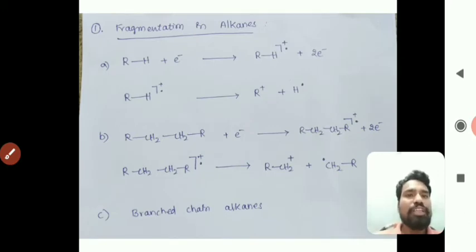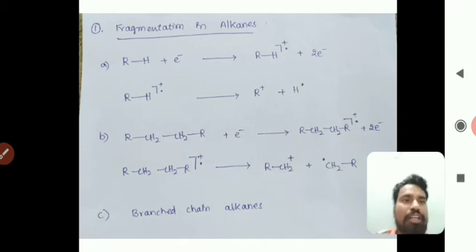So the first thing is the fragmentation process in alkanes, right? Here in the case of alkanes we have three kinds of things. One is simple alkanes, nothing but small chain alkanes like methane, ethane, propane, butane, pentane. These are all small chain alkanes or simple alkanes.